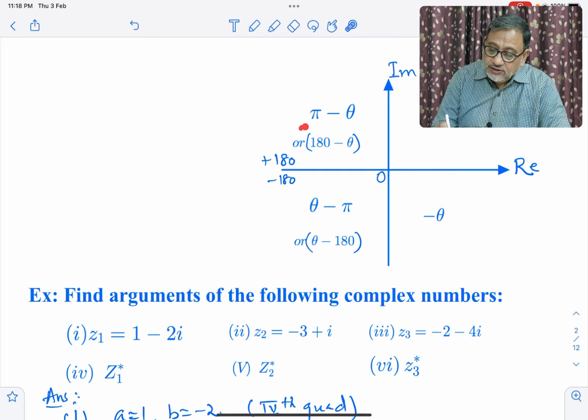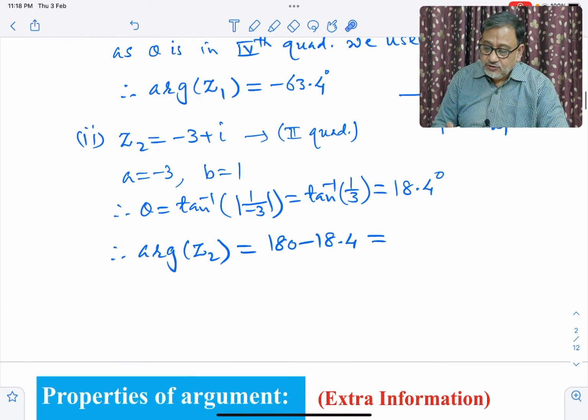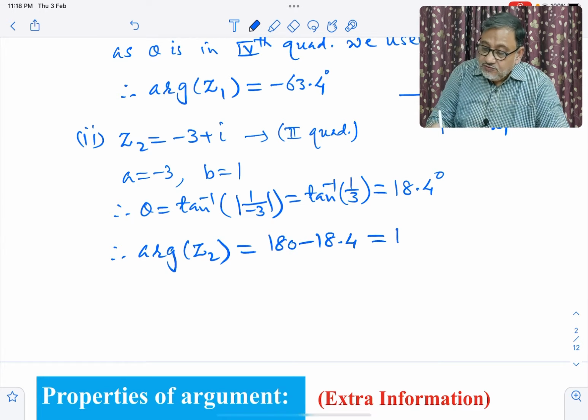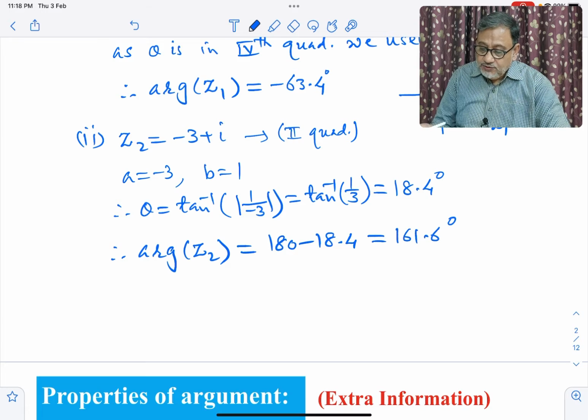And this angle will be given by 180 minus theta, because always we are finding only theta in the first quadrant to avoid the confusion. So it will be 180 minus 18.4, which will be 161.6 in degrees. Okay. So I hope you understood this.